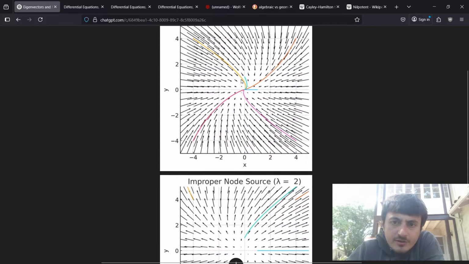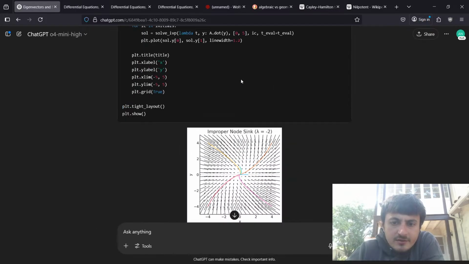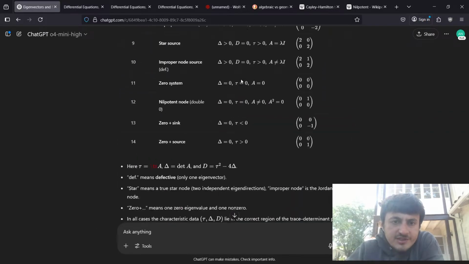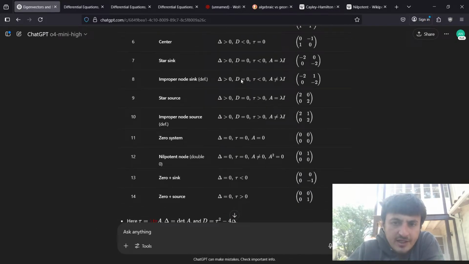So improper node sink. Improper node sink is where you have only one eigenvector, right? So the geometric multiplicity of the eigenvector is 1. Draw all of the eigenvectors as a line.